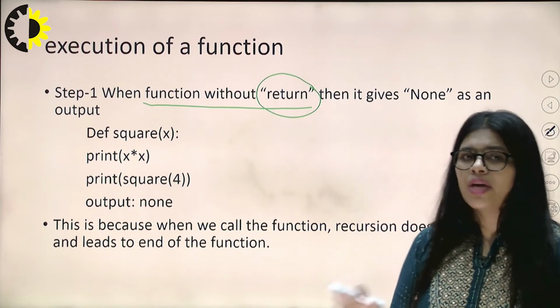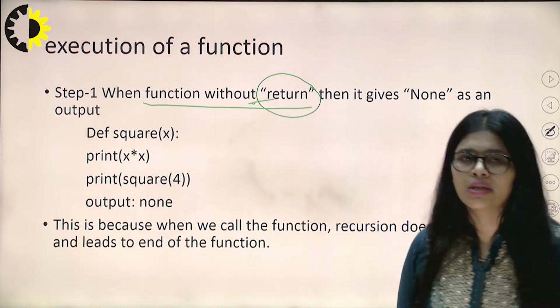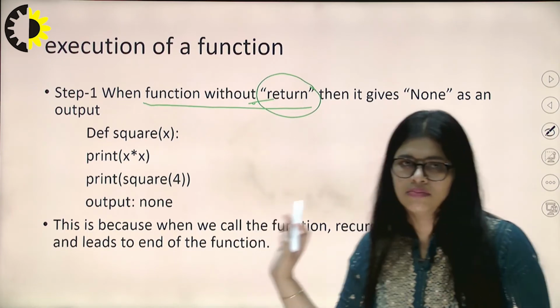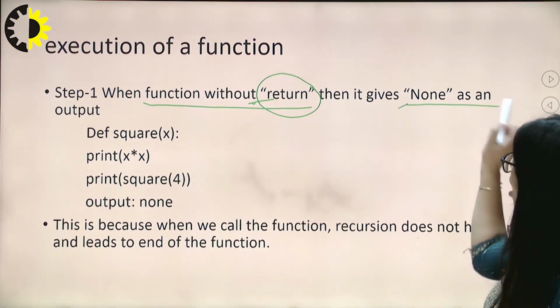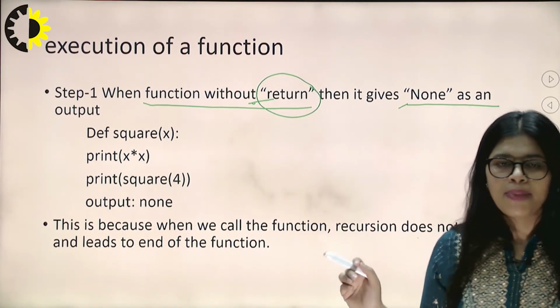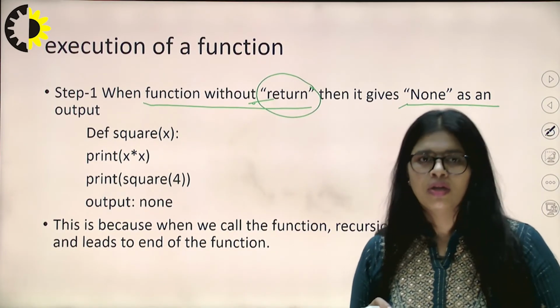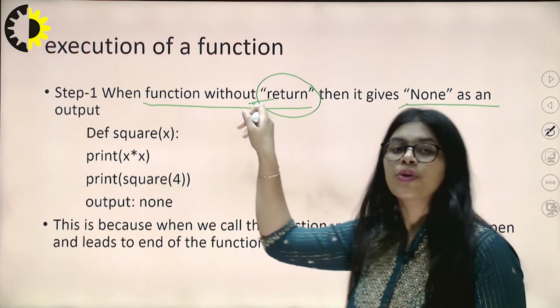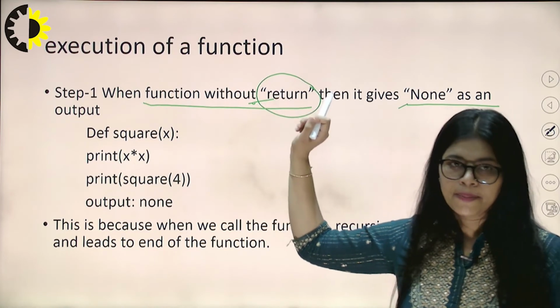But if we do not use the word return, then it will directly give the output None. No blank space and no value is shown, the output None is shown if we do not use the word return in the program.